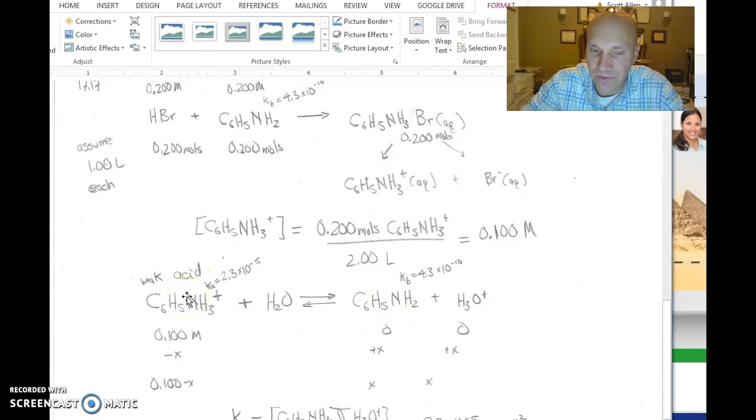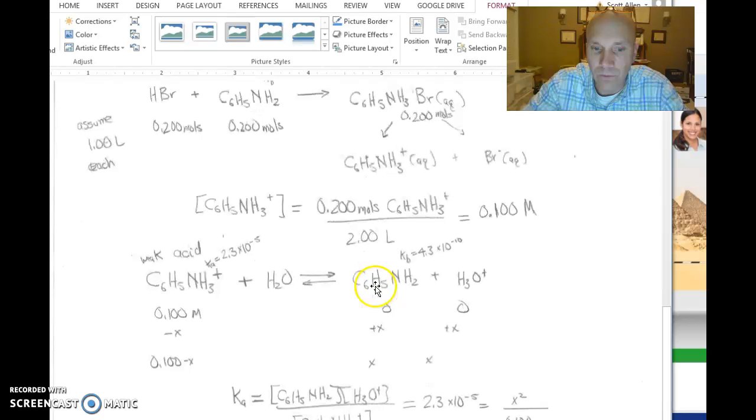Another way of saying it is that this right here is the conjugate acid of aniline. Since this is the Kb of aniline, and that comes from the appendix, we could calculate the Ka of its conjugate acid, and that gives this right here. Hopefully you're getting used to that. If you know the Ka of the acid, you can figure out the Kb of the conjugate base, and vice versa.